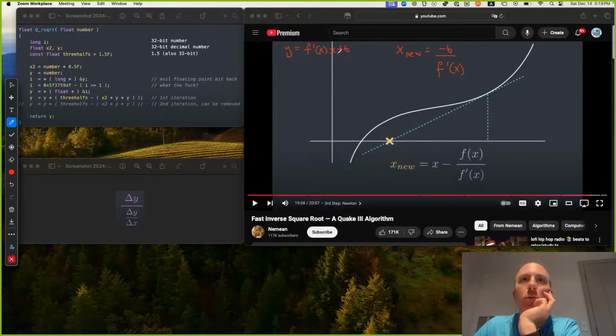So we need to solve for b. We have the pair x1, y1, so solving for b, we go y1 minus f prime of x times x1.